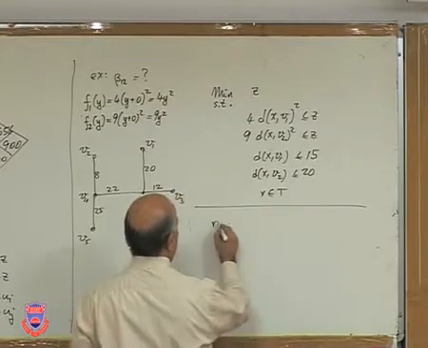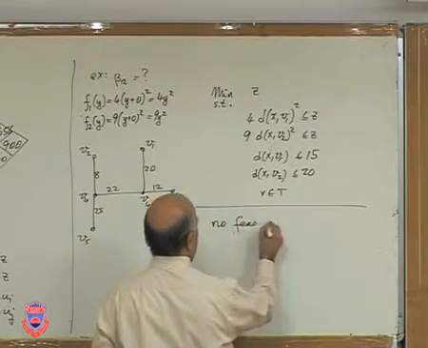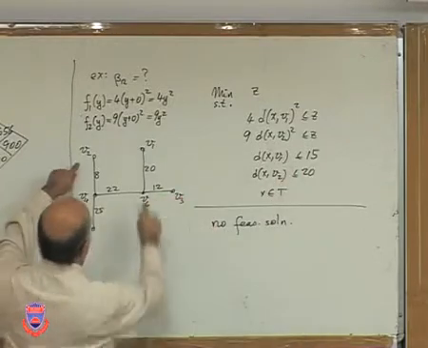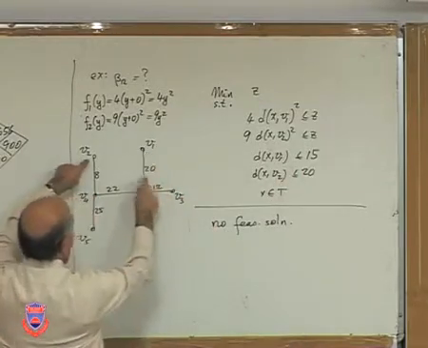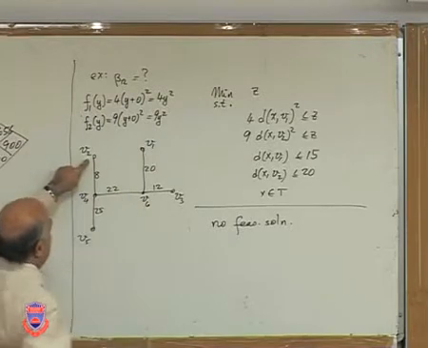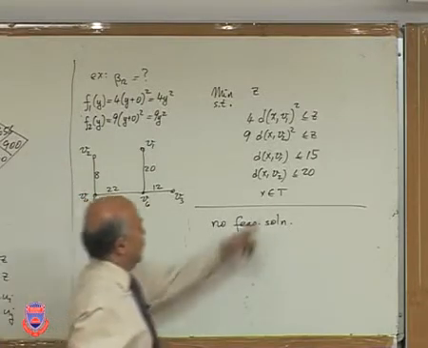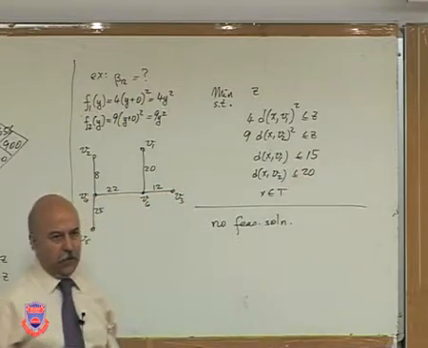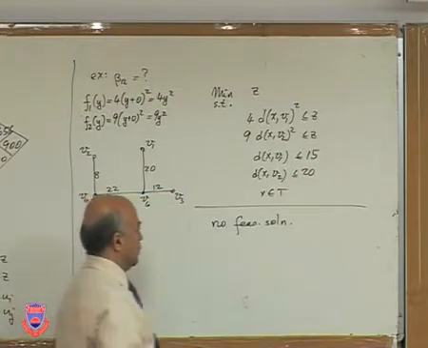There's no feasible solution, because the distance between V1 and V2 is 20, 42 plus 8 is 50, but these bounds will not allow you to place anything feasibly along that path.